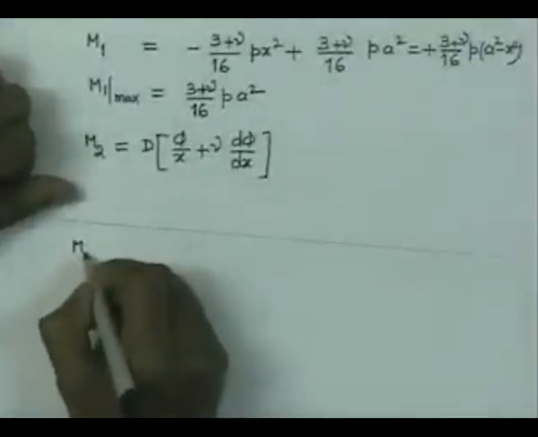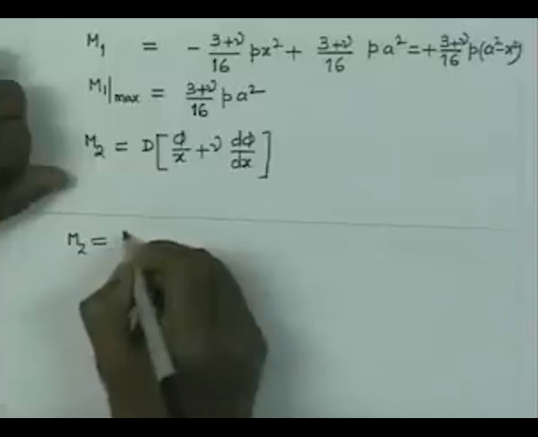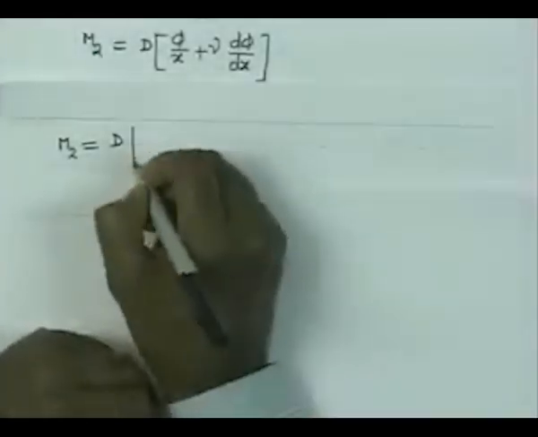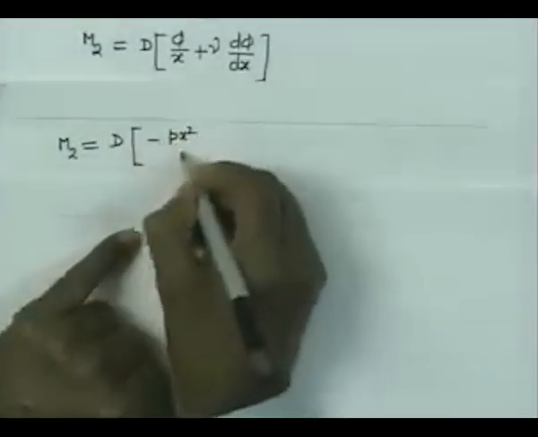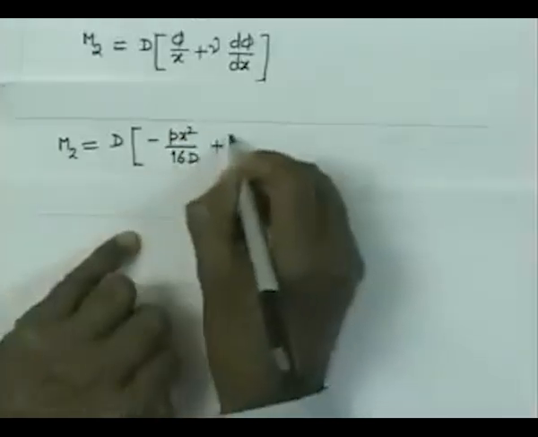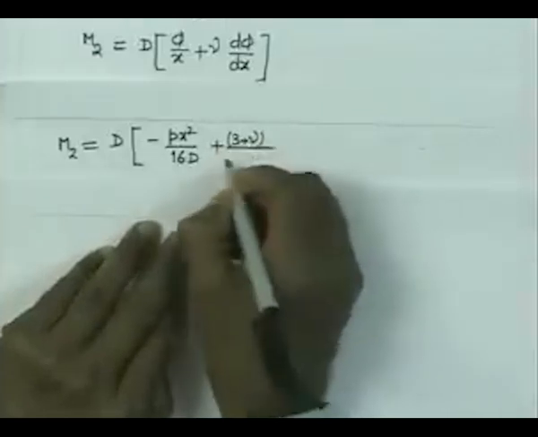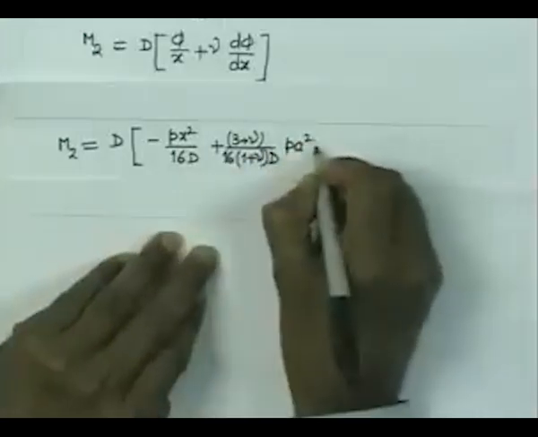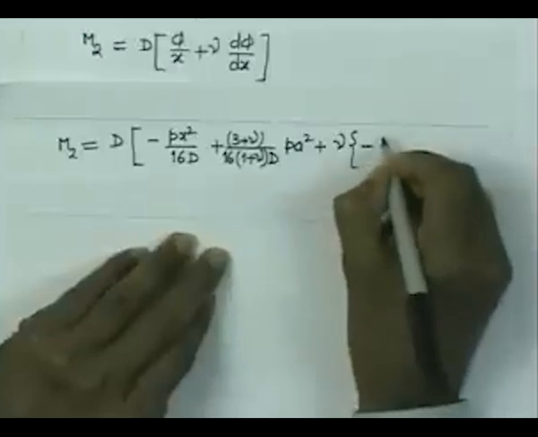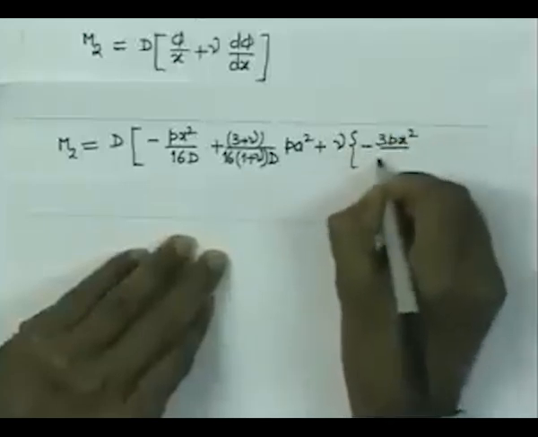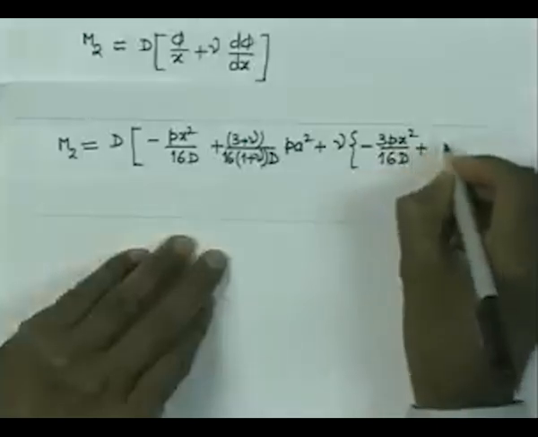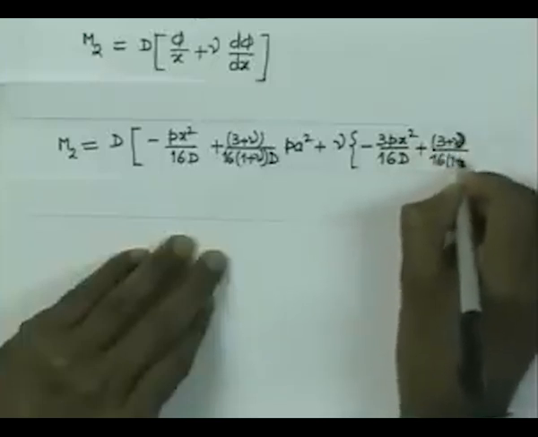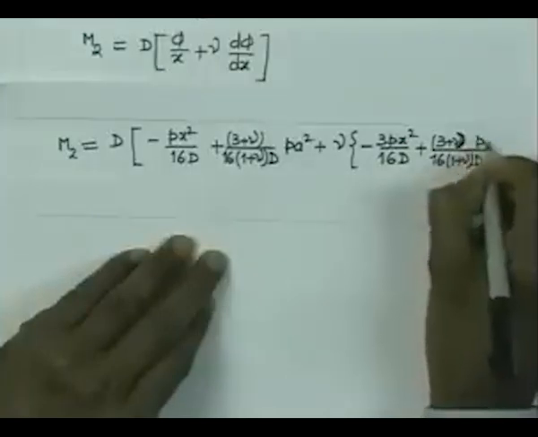we get M2 equal to minus p x square by 16 D plus (3 plus nu) by 16 (1 plus nu) D p a square plus nu times d phi dx, (3 plus nu) by 16 (1 plus nu) D p a square.